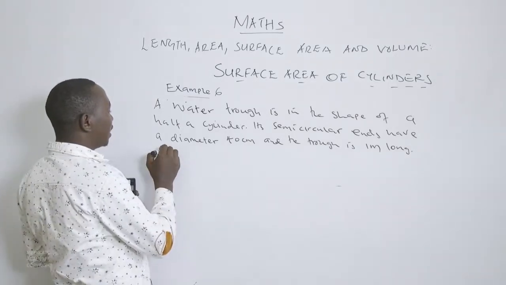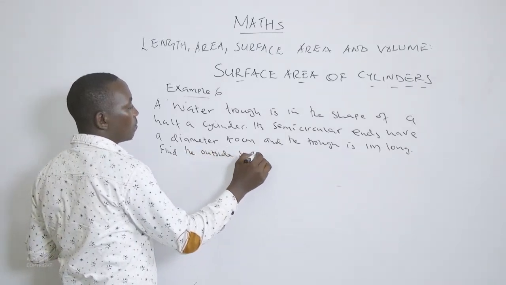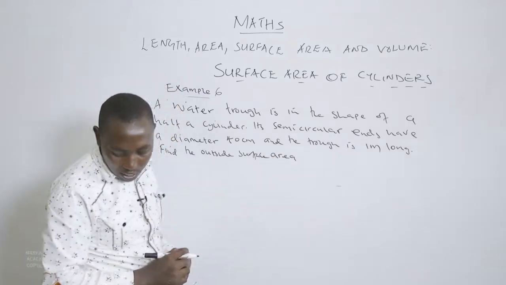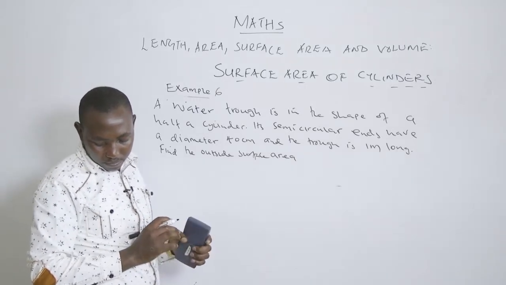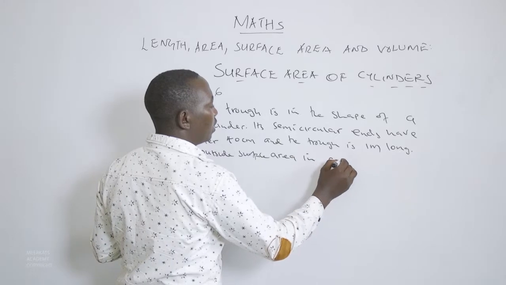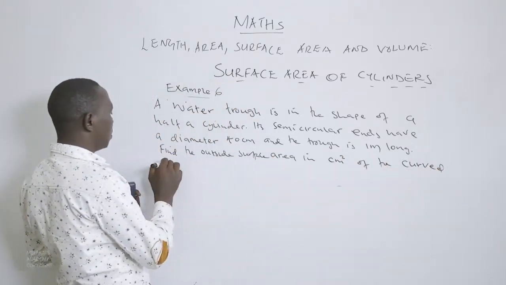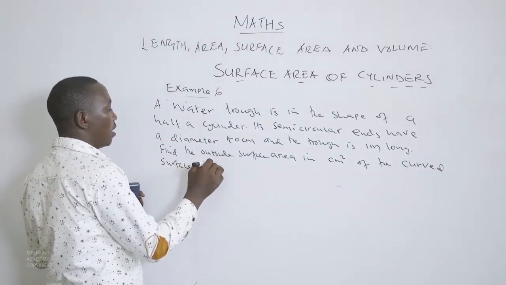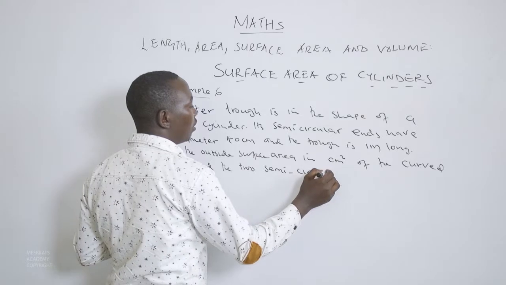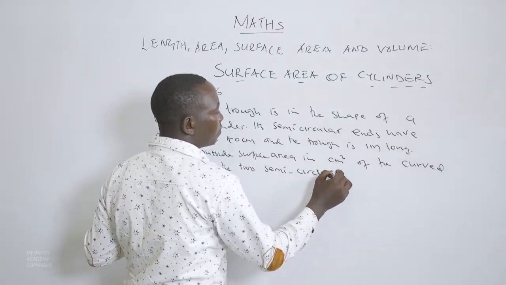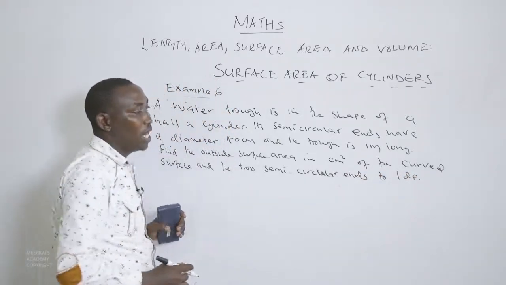Find the outside surface area, in square centimeters, of the curved surface and the two semicircular ends, correct to 1 decimal place.